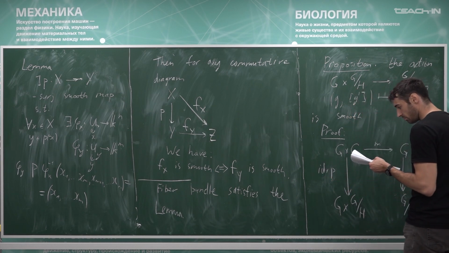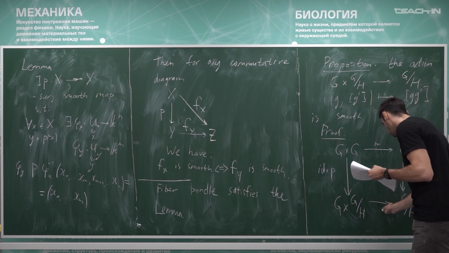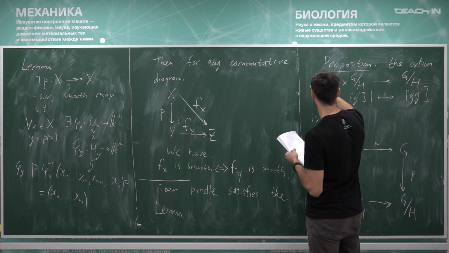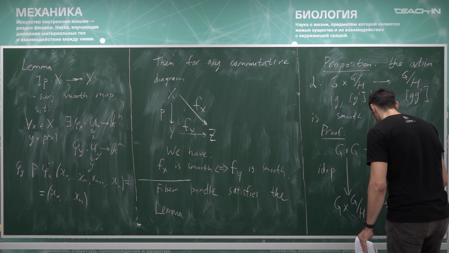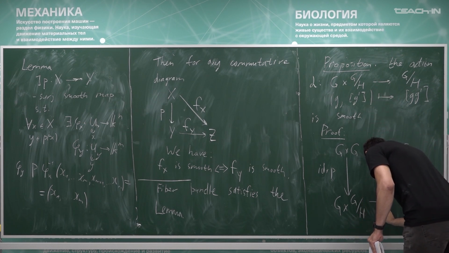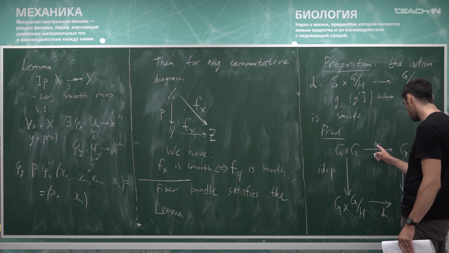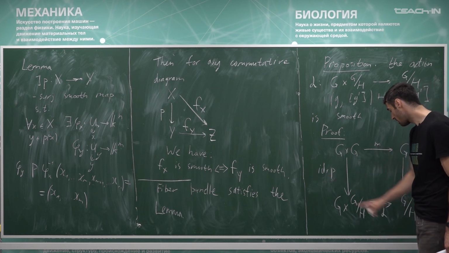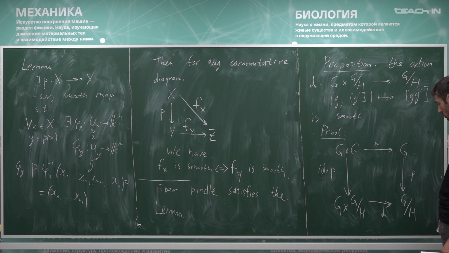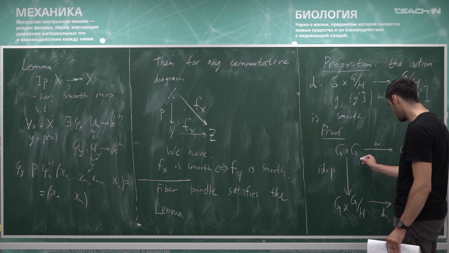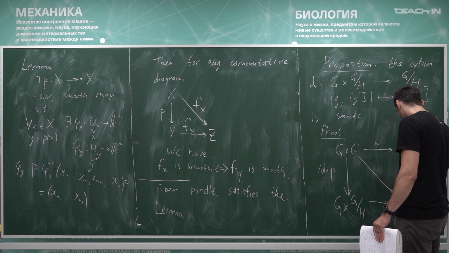And from here to here, we get by alpha, which is this map. And this diagram is commutative, of course. All these maps, M, P, identity times P, are smooth, and we are trying to prove that alpha is smooth. So we also need this diagonal.